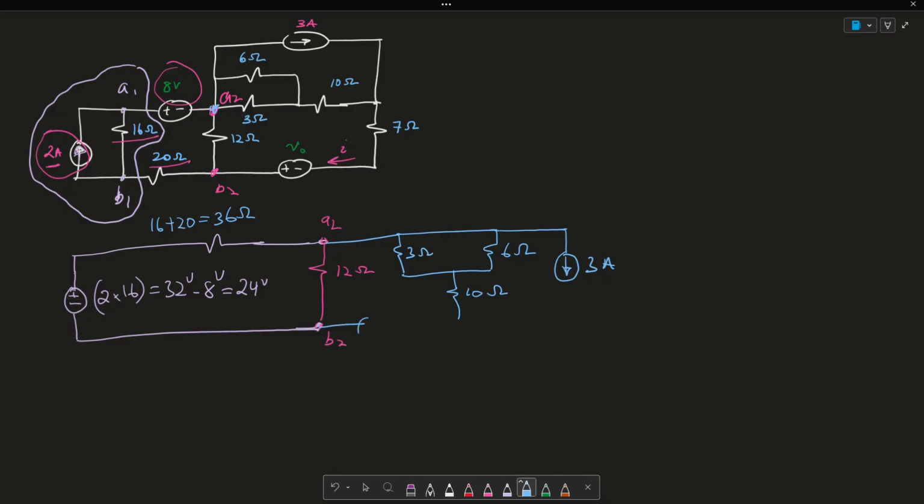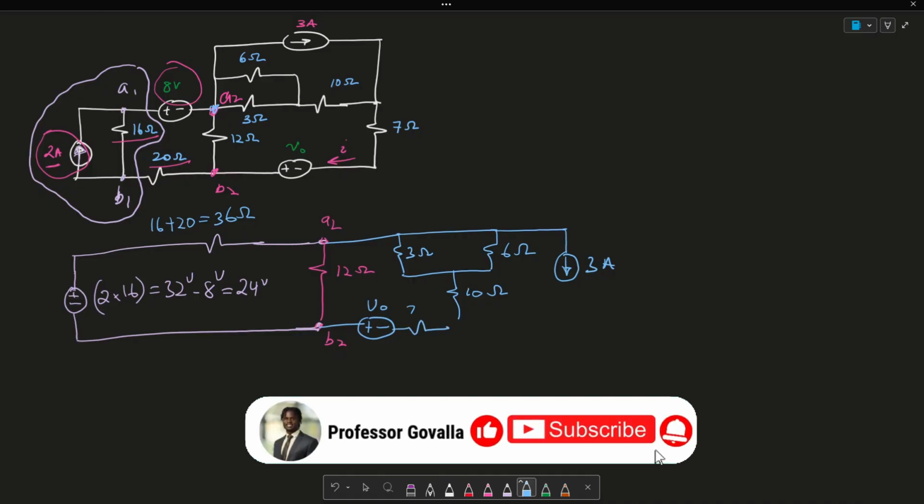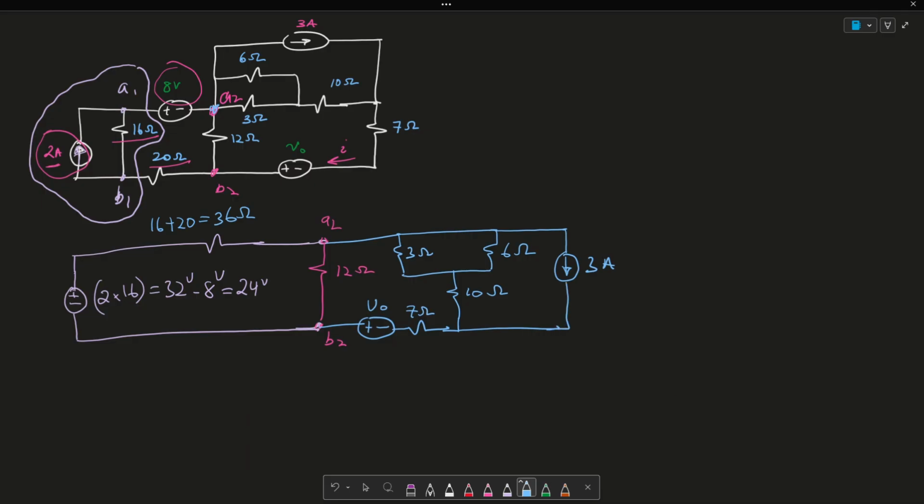Attached here is a plus minus V out, and then there's a 7 ohm resistor. That's all attached to my 10 ohm resistor. Then there's a wire here connected to the 3 amp current source. And don't forget that my current I, which is equal to 2.5 amps per the problem, is flowing right there.